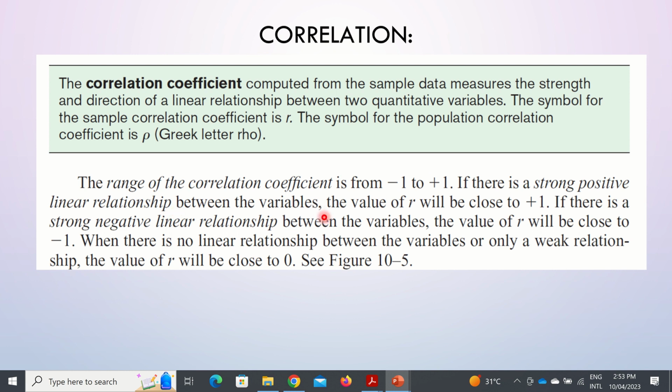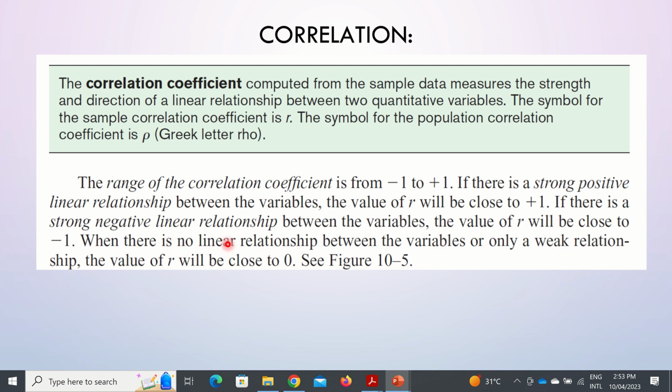And if r is close to -1, in that case the data will have a strong negative relationship. And if r is close to 0, that means the data has a very weak linear relationship. If r is 0, that means there is no linear relationship.